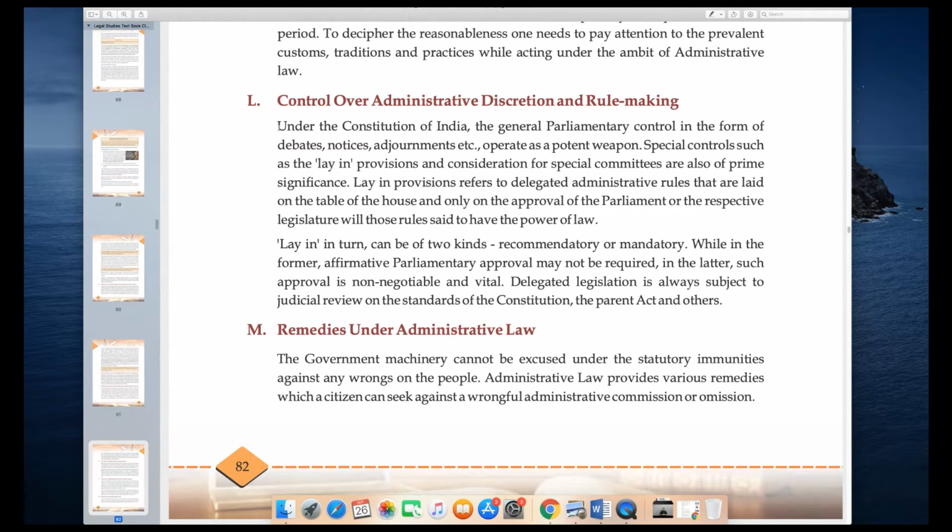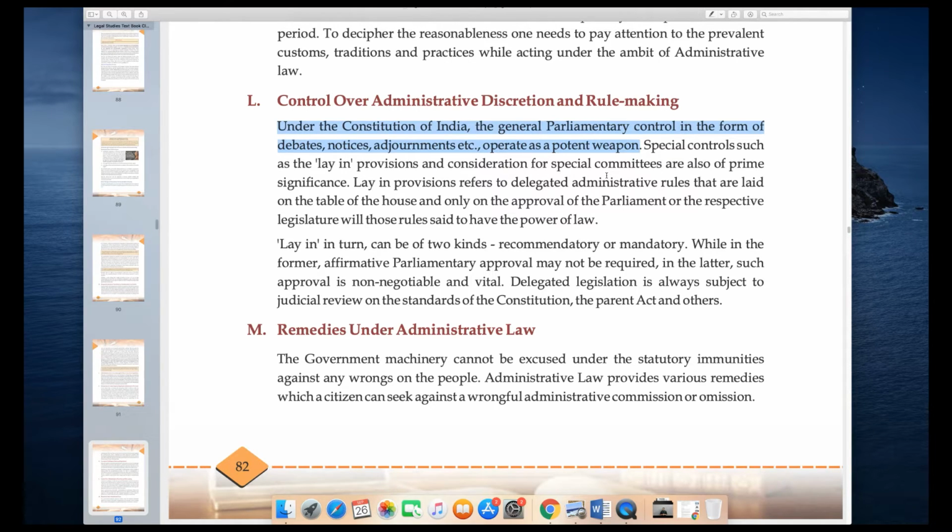Now see what it is saying. Under the Constitution of India, the general parliamentary control in the form of debates, notices, adjournments, etc. operates as a potent weapon. If some laws or policies are being introduced, or a bill is introduced in the parliament, what happens?